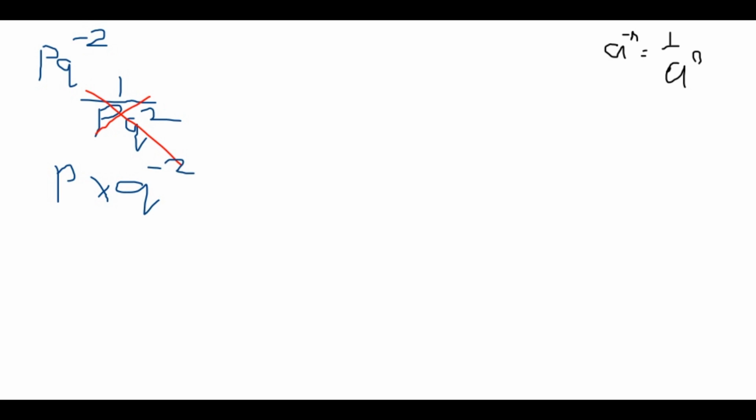So we are going to apply the negative indices law to this part of the expression, and if we follow this law where q is representing a, we are going to have p times 1 over q squared.